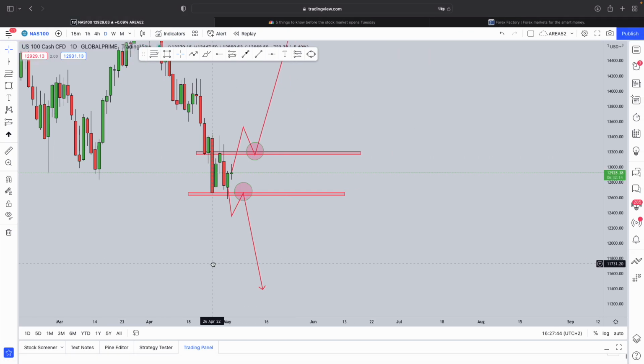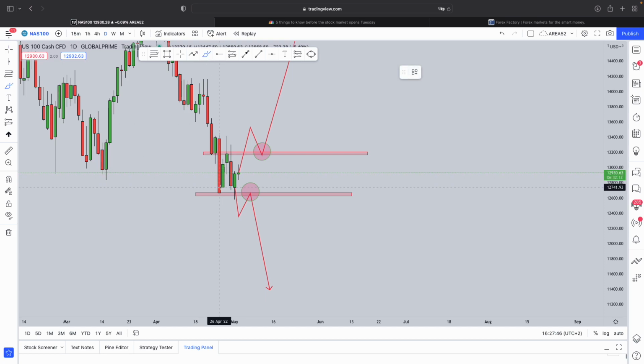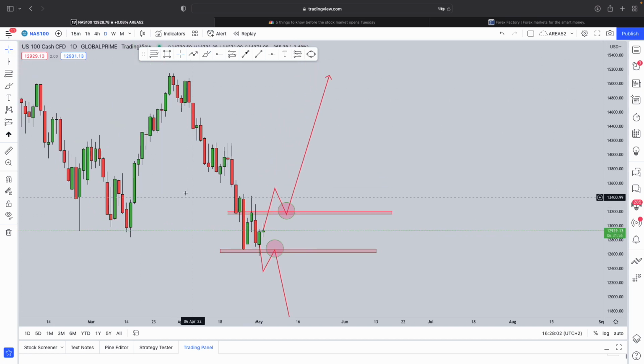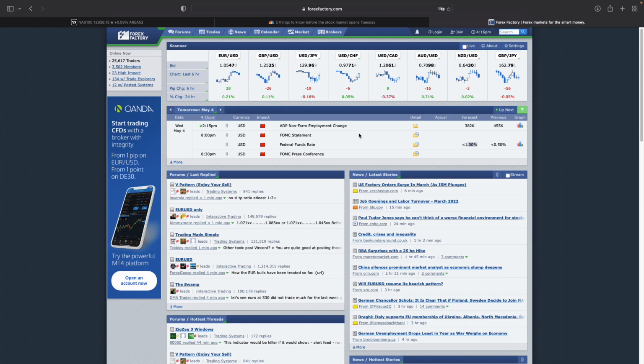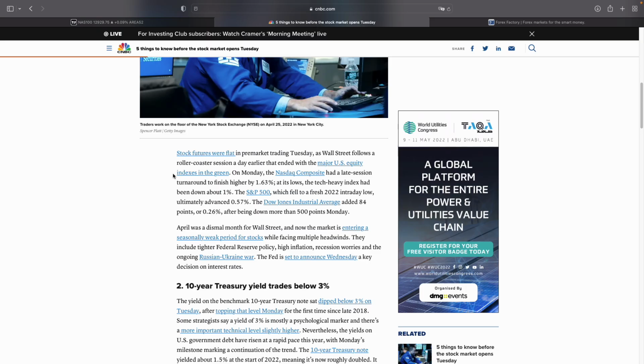We can obviously see last week we had some bullish momentum there and then some sells, so there's really no movement in the market when we are moving sideways as well. But like I said, the true joy is going to come tomorrow when the Federal Reserve announces those hikes, and also the FOMC press conference, depending on what they are saying.